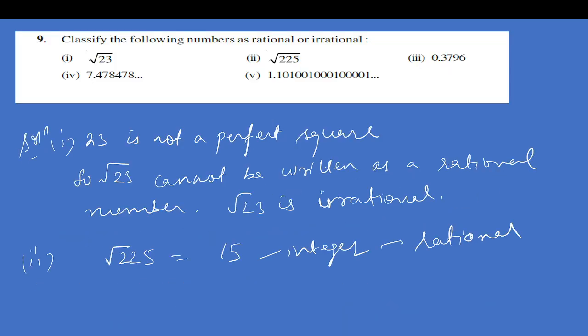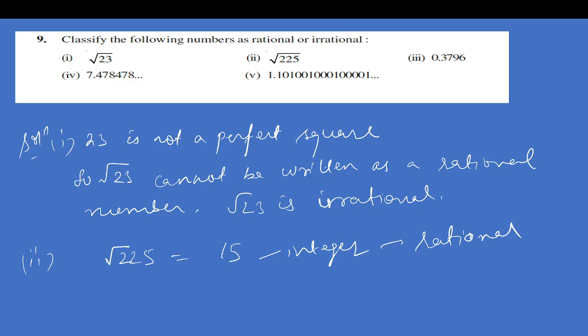Okay. So I think there are only 9 questions. I hope you got the solutions and you have some concept clear about rational or irrational by looking at the decimal expansion, or you can do the decimal expansion and check whether it is rational or irrational.